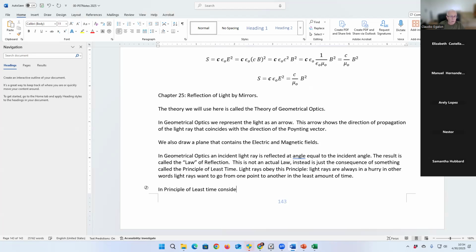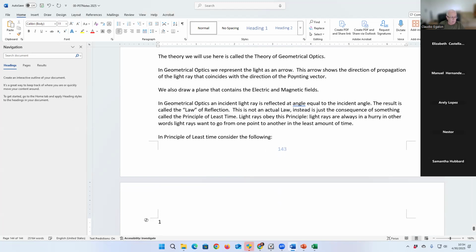consider the following. One, a point S, which is the position of the source of a light ray.